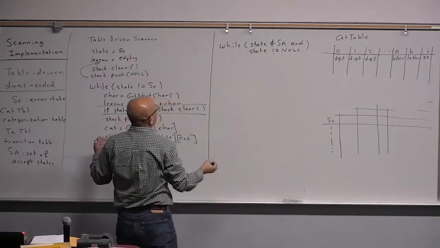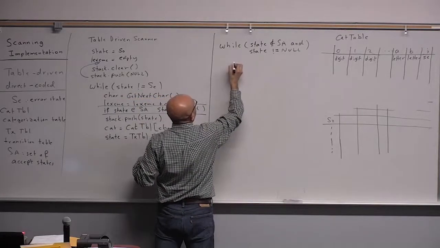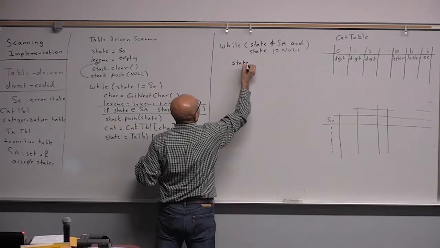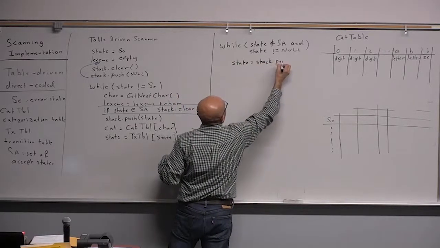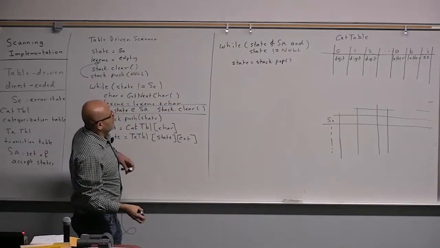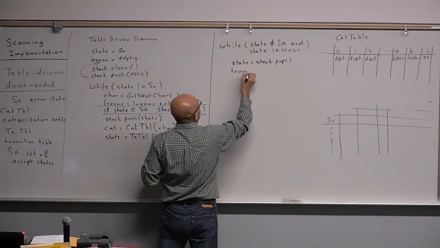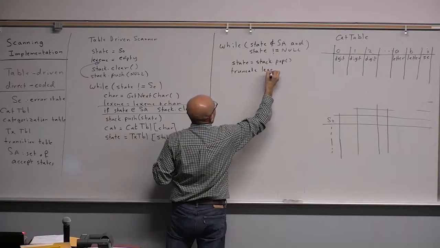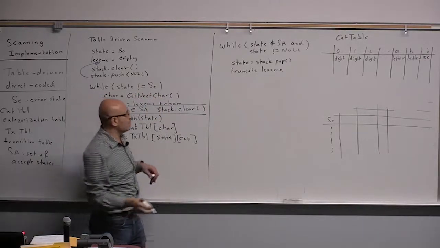In each step, state equals stack.pop, and we truncate the lexeme, which means remove the last character from the lexeme.